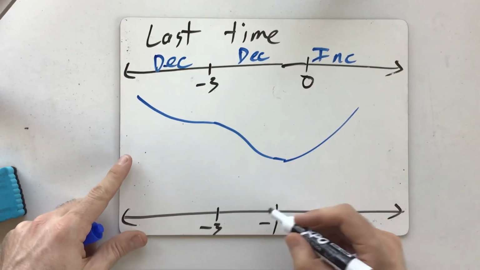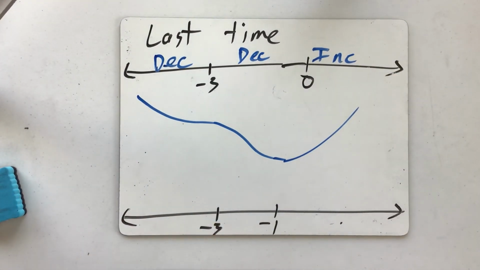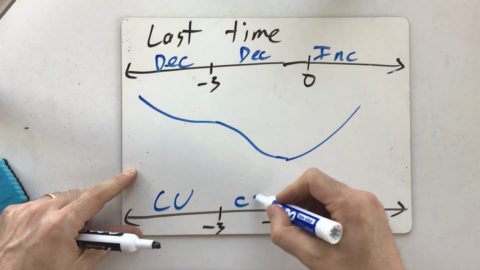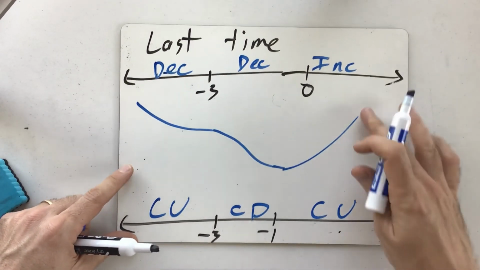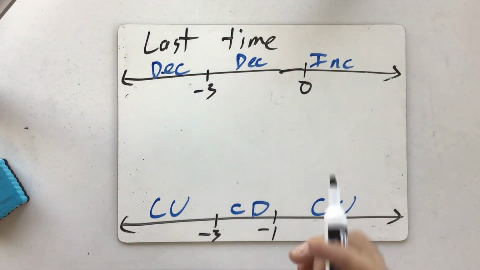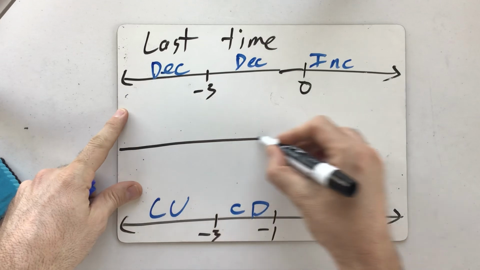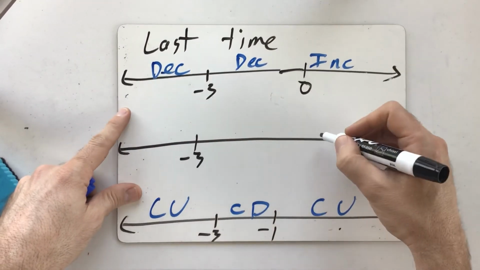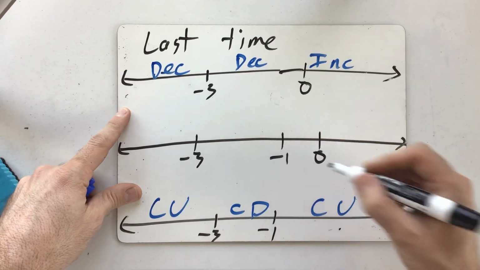From -3 to -1, our graph is concave up, concave down, and concave up. So that means we can take our graph and put all of this information on it and start to get a graph that looks really, really good. So we'll put -3 over here, 0 over here, -1 over here.